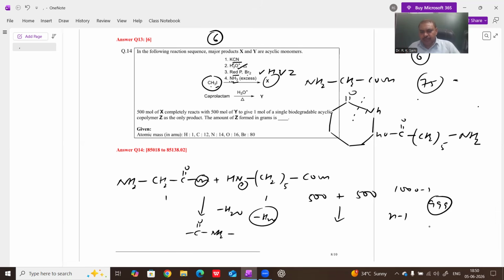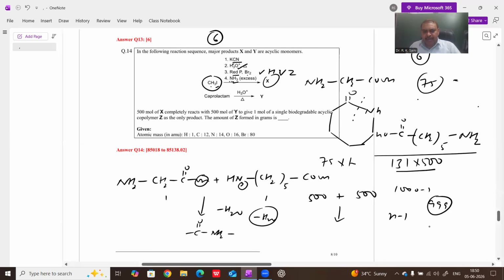Molar mass of this amino acid is 131. It's 500 molecules. And mass of glycine is 75. It's 500 molecules. Therefore, total mass of reactant minus mass eliminated during the condensation or polymerization reaction, 999 molecules of water, and their molar mass is 18. And as we find the exact answer, it is 85018. It is the correct answer.